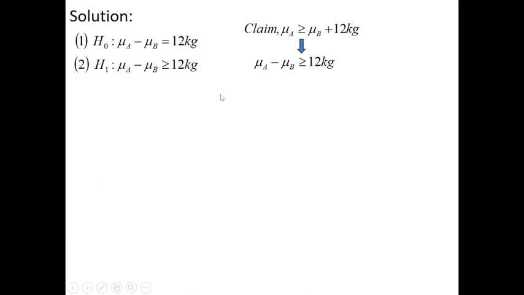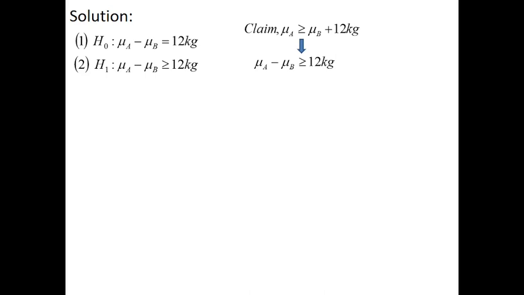And our alternative hypothesis is mu sub A minus mu sub B greater than or equal to 12 kilograms.